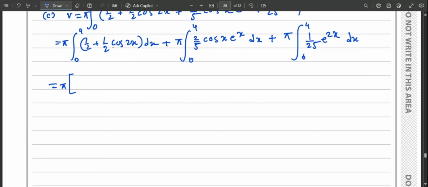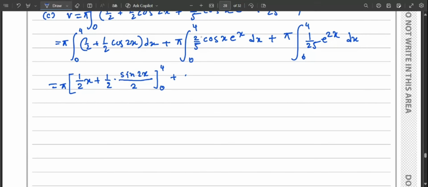So the integration of half plus half cos 2x will give us half x plus half times the integration of cos 2x, which is sin 2x divided by the differentiation of 2x, which is 2. The limits will be 4 and 0. For the next part, I can see that in this expression 2 by 5 is a constant that is multiplied with the expression.